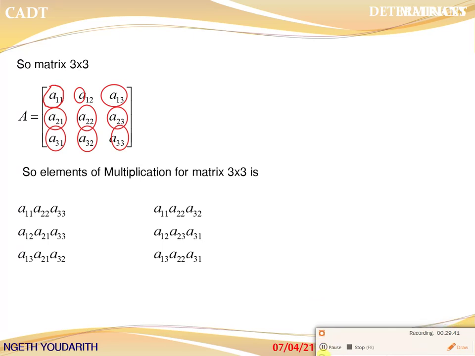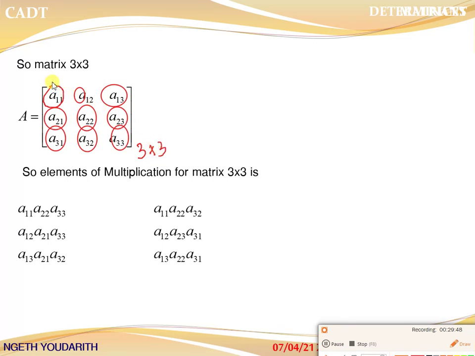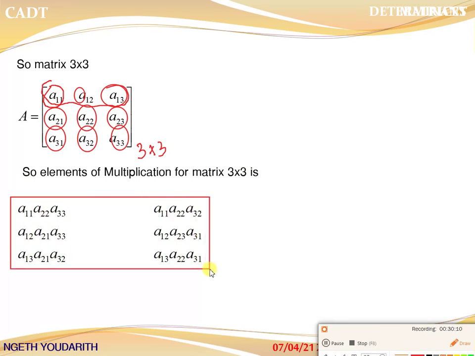This is the matrix 3 by 3. It's 3 by 3 because it has 3 rows and 3 columns. So the element of multiplication for matrix 3 by 3 is this. This is the element of multiplication of matrix 3 by 3.